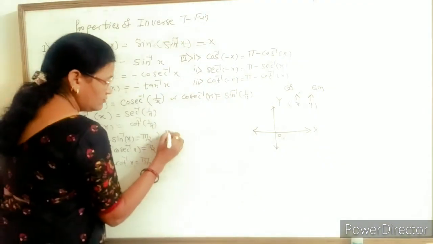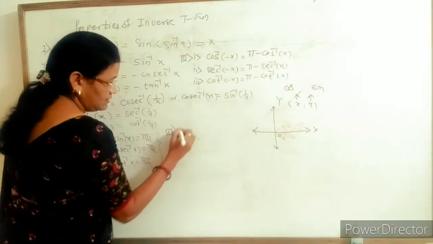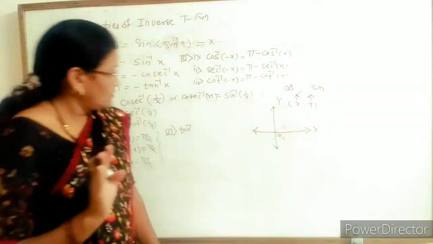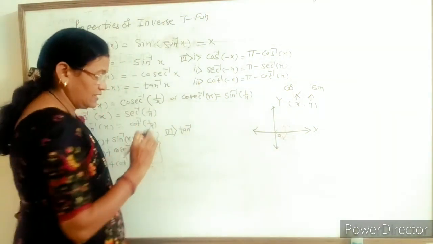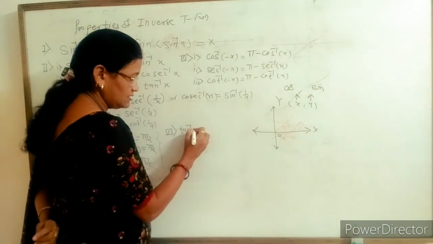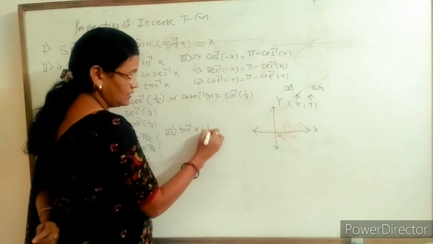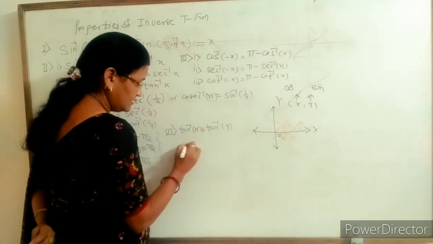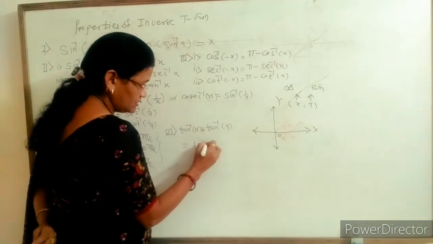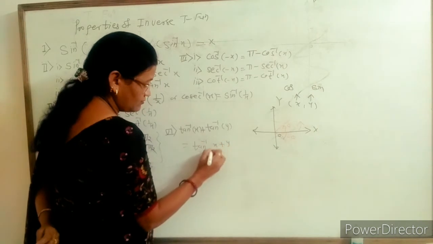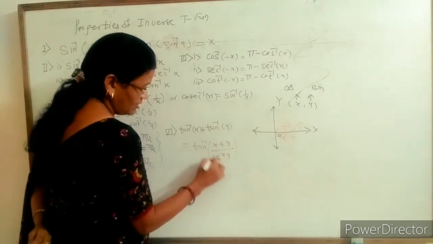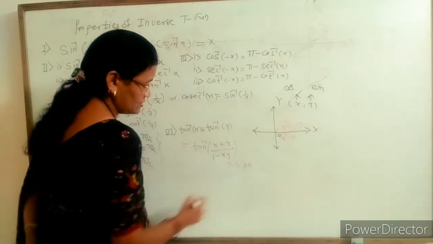Now one more property, which comes from the already known formula for the compound angle tan of alpha plus beta. Here we take the property tan inverse of x plus tan inverse of y, which is nothing but tan inverse of x plus y upon 1 minus xy, where this denominator is positive.